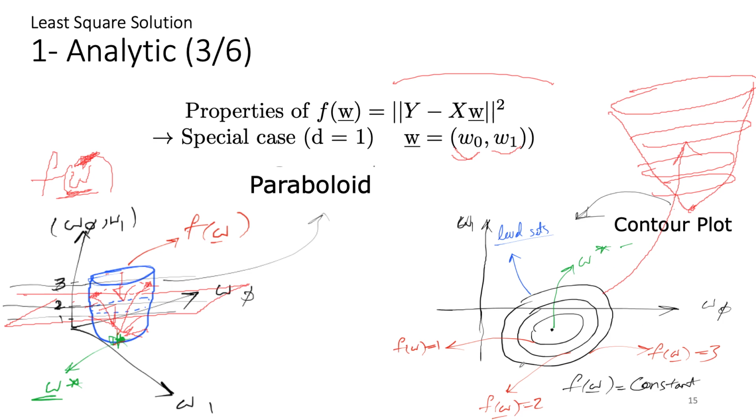We call each of those lines that I just mentioned a level set. As you see, on each of these the function value is constant, thus the minimization should be with respect to those smaller levels to find the W star. And W star is the one in the middle of those, which is that. This is it.